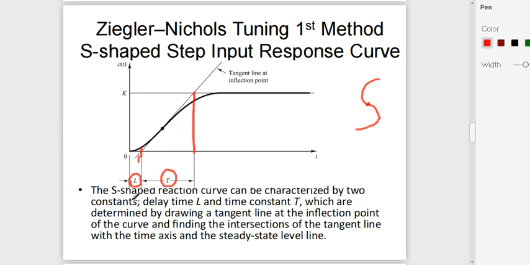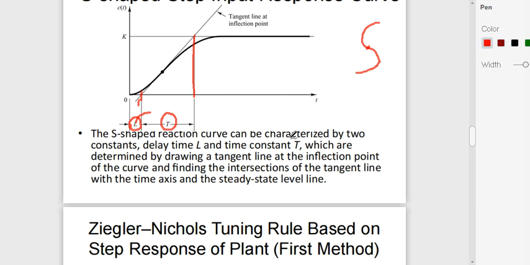Okay, we have the delay L and the time constant T. The delay is measured from the origin to the point where the tangent meets the x-axis, that is L. The difference from that point to the point where the steady state level is extended to the x-axis is called the time constant T. The S-shaped curve can be characterized by two constants, delay time L and time constant T, which are determined by drawing a tangent line at the inflection point of the curve and finding the intersections of the tangent line with the time axis and the steady state level line.